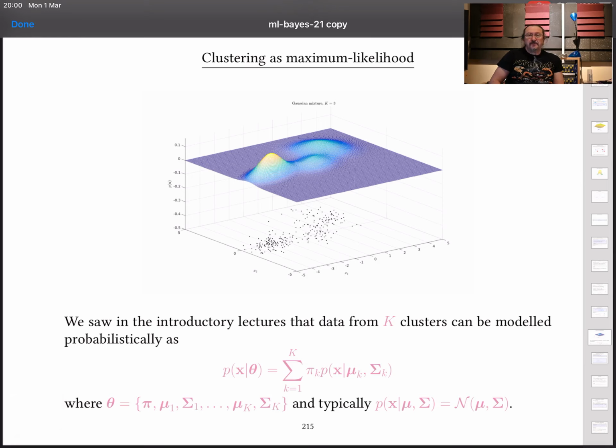And all this says is that if I have K clusters, in order to generate one data point, I first roll, let's say, a k-sided die, which doesn't have to be fair. In fact, the probability that it comes up on its kth outcome is pi sub k.